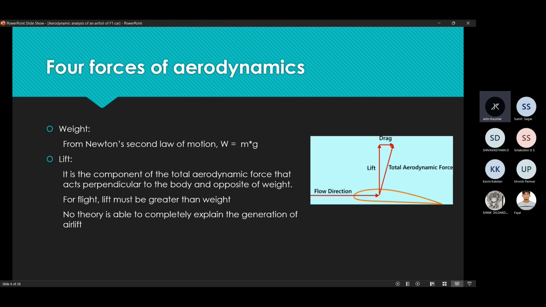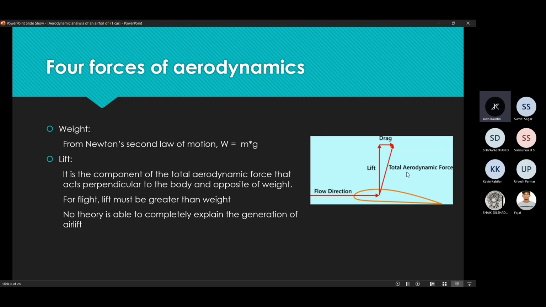And what is lift? Unlike weight, lift is a very complicated force. It is a component of the total aerodynamic force that acts perpendicular to the body and opposite to weight. It always acts opposite to the weight and perpendicular to the body, and it is the vertical component of the total aerodynamic force.